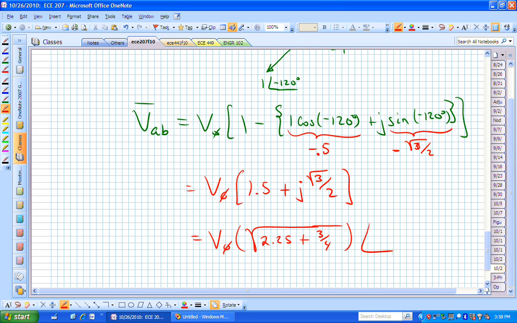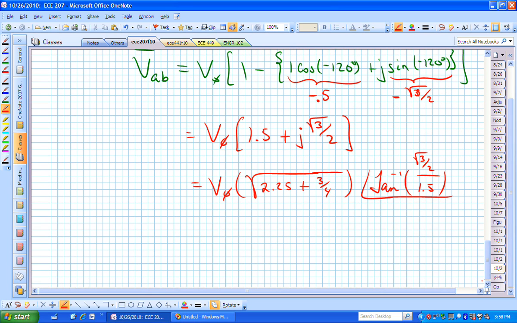And this angle, if you compute it, is the square root of 3 over 2 all over 1.5, or the square root of 3 over 3, or 1 over the square root of 3. This is now V sub phi square root of 3. That's the magnitude of this line voltage, and this is 30 degrees, which we found graphically before.